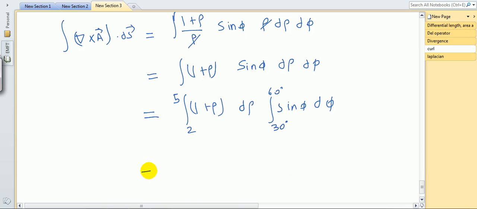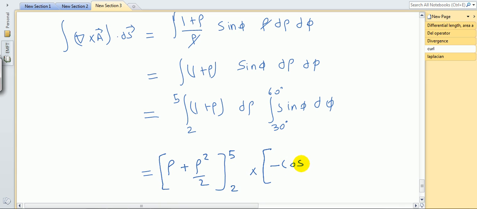It will come as rho plus rho square by 2. The limits are from 2 to 5 multiplied with sine phi integration, which is minus cos phi, and it will be from 30 degree to 60 degree.